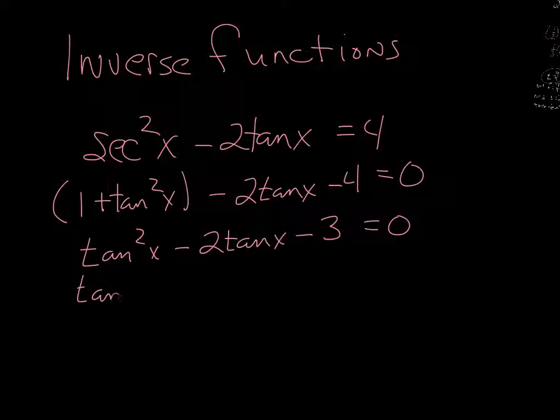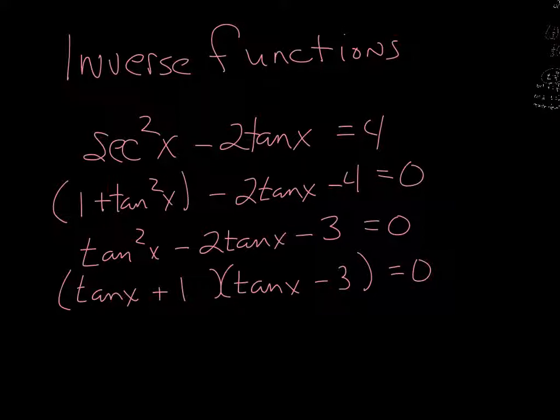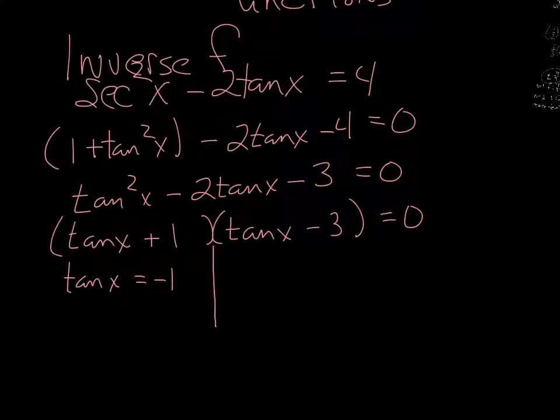Tangent of x and tangent of x, we have a minus 3 and a plus 1. So if we set each one of these equal to 0, we can work with this one. The tangent of x equals negative 1. So what is x going to be here?